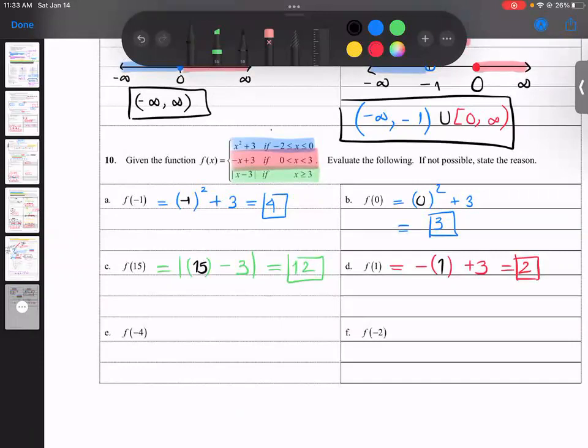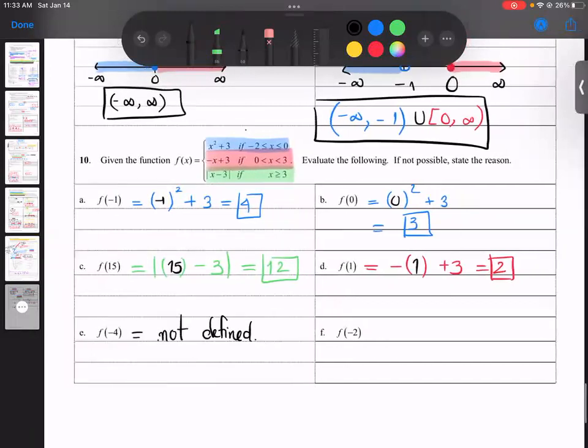You just say not defined, because you cannot plug it in. There's no function taking -4. F of -2 looks like it's the blue function. So something squared plus 3, and that something is -2. -2 in parentheses squared is positive 4, plus 3 is 7.